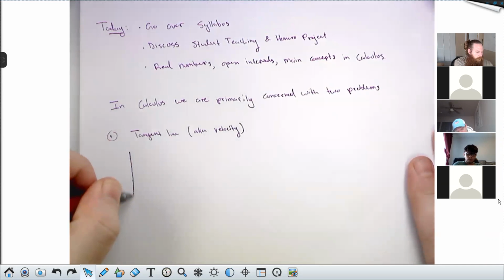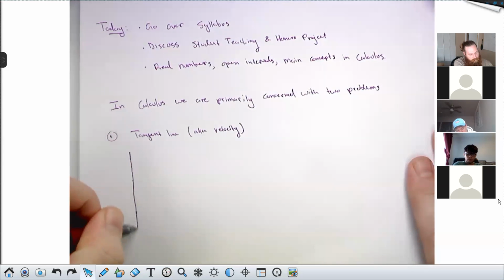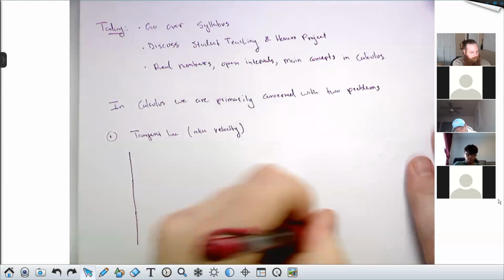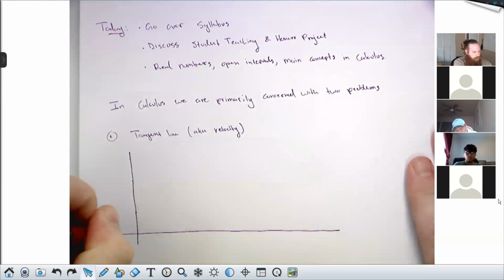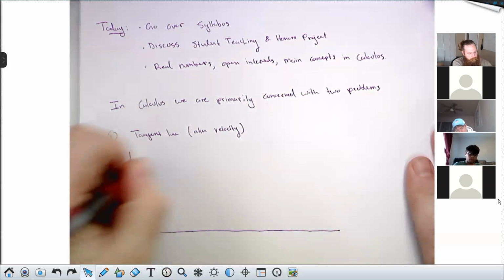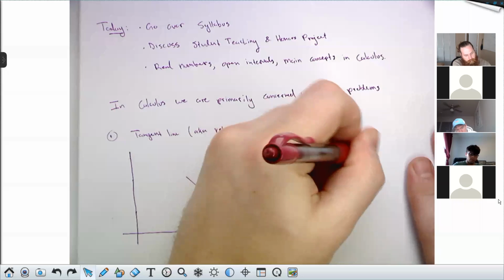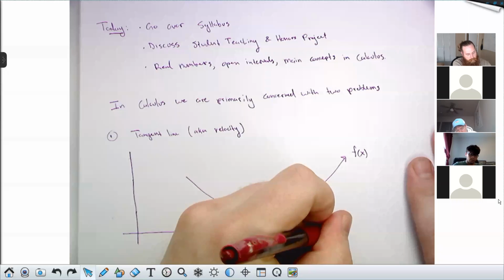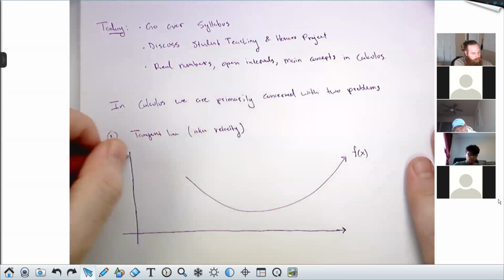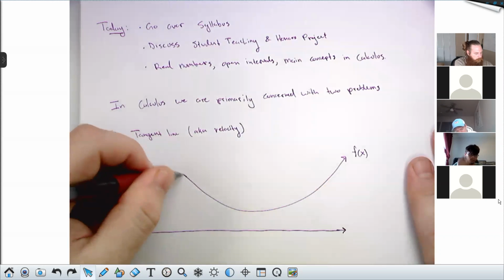and kind of get you primed for the idea of a tangent line. So I have maybe here the graph of some function, f of x. Here's my x-axis. Here's my y-axis. Whoop, my pen wasn't working, was it? All right.